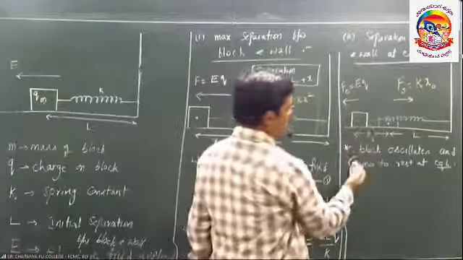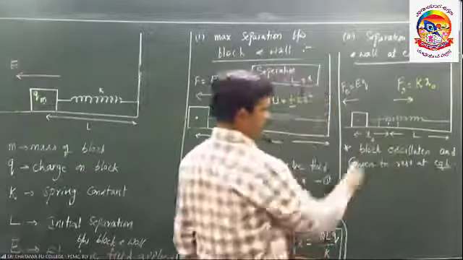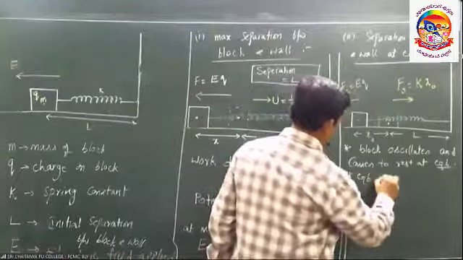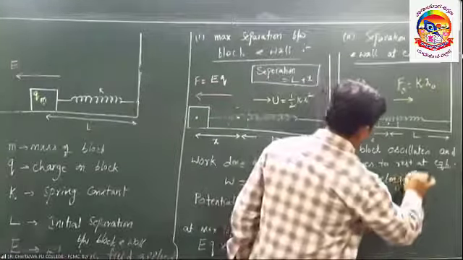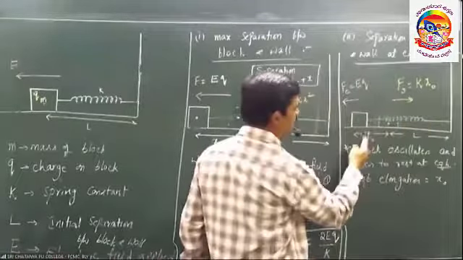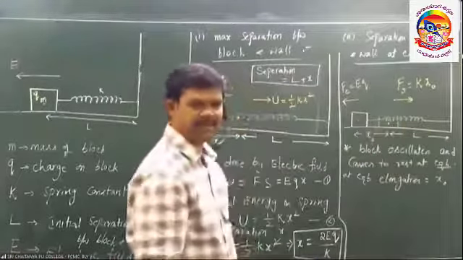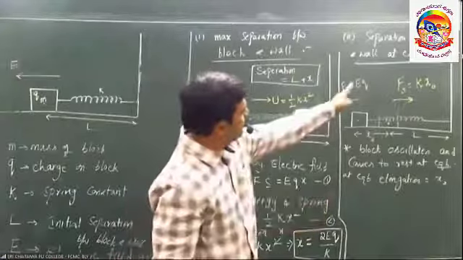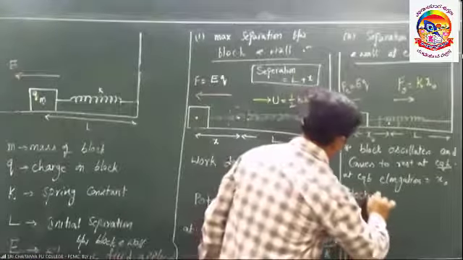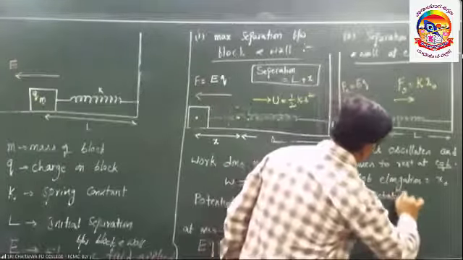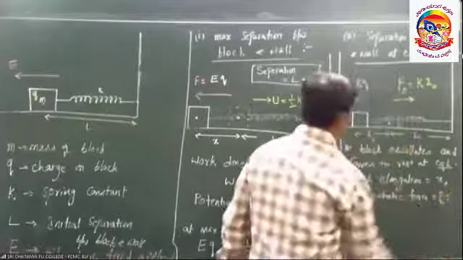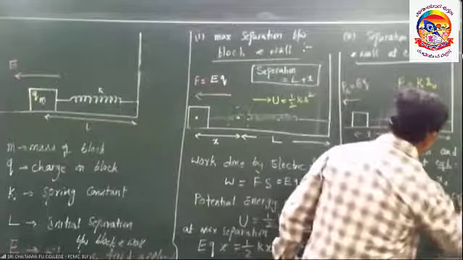Here also, the block oscillates and comes to rest at equilibrium. So at equilibrium, what is the elongation in the spring? The spring is elongated by the distance x naught. Then the electrostatic force Fe is equal to what? EQ.